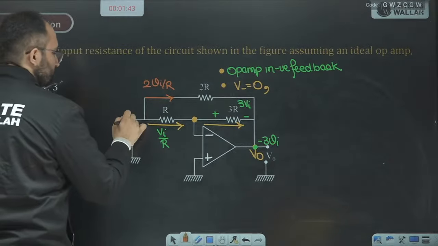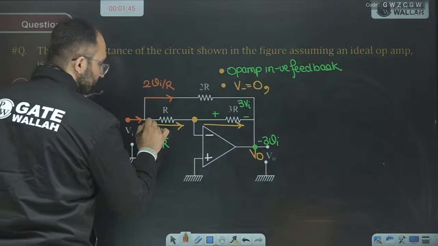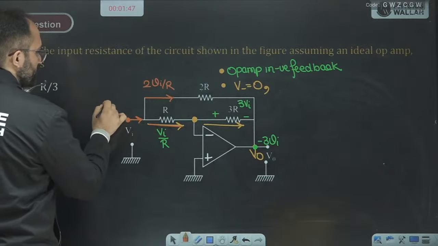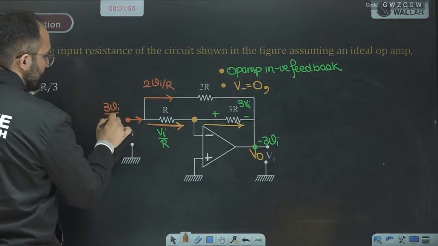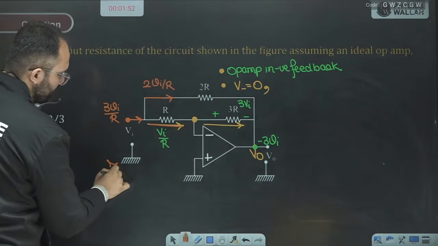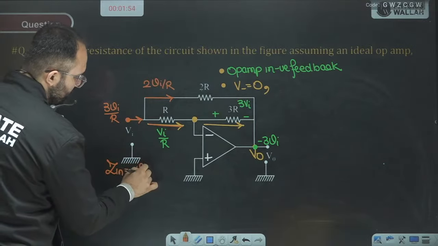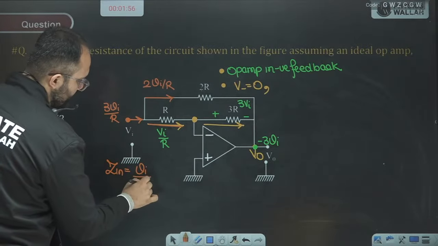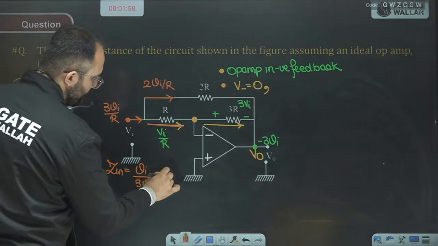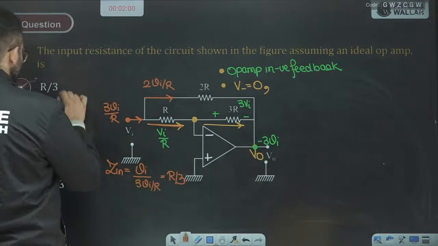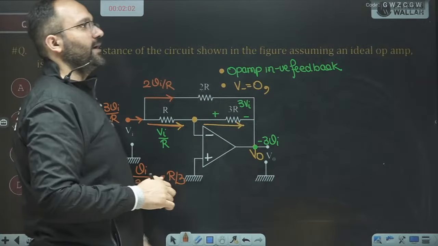The total current here is VI upon R and 2 VI upon R, so the total current is 3 VI upon R. Input impedance is the voltage divided by current, that is R by 3. A is the correct answer.